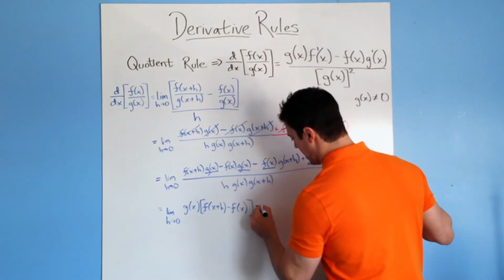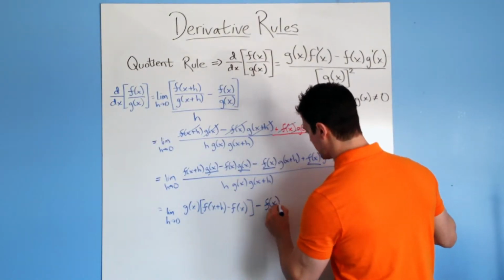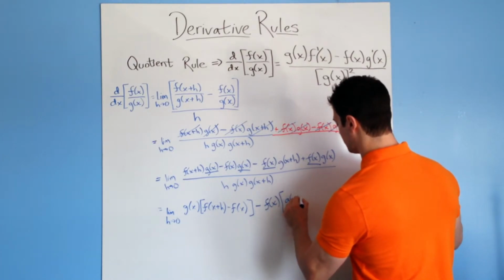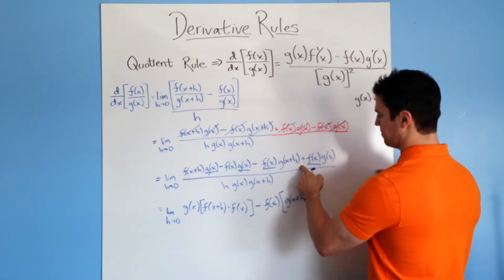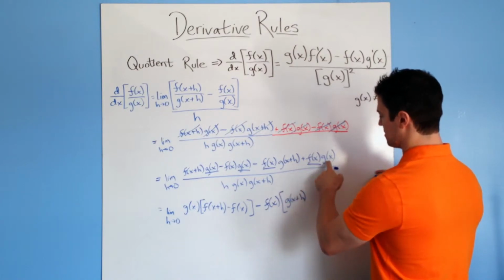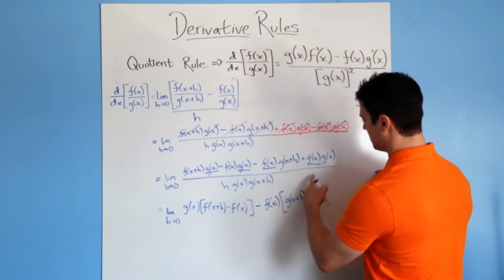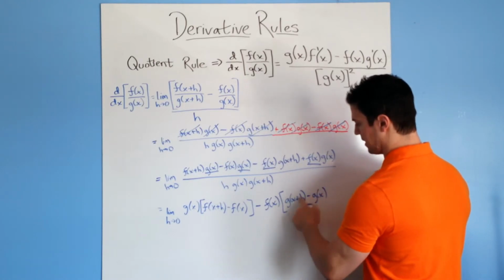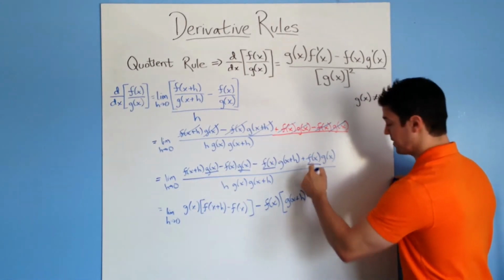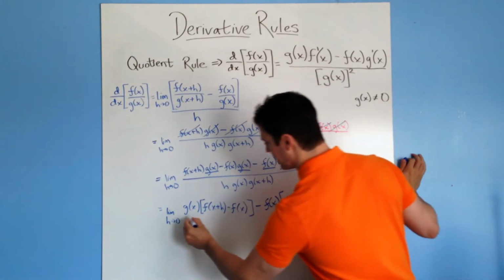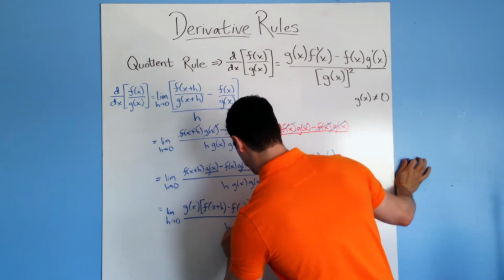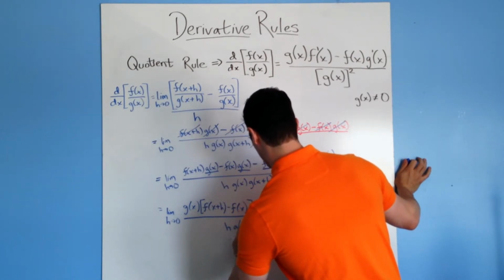So I have minus f of x times this g of x plus h right here. Now it's going to be plus the g of x here, but since it's minus, I have to convert it to a subtraction sign, just because the minus times a minus will be the plus that it says up here. End bracket, and then all of this is going to be divided by h g of x times g of x plus h.